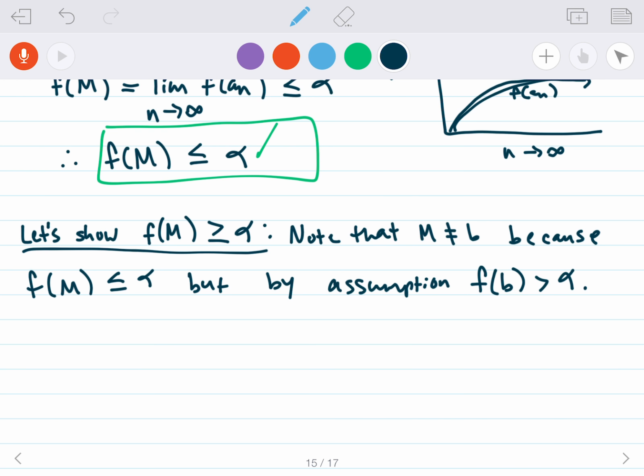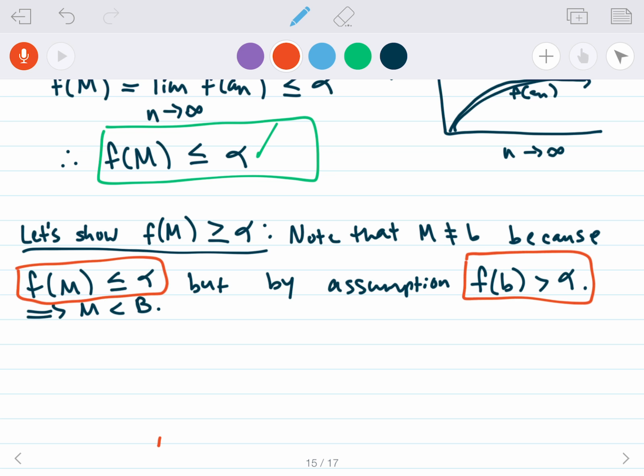So we must have M less than b, right? It can't be greater than b because we have these two inequalities and there would be a contradiction. Okay, so M must be less than b. All right, so it's not equal to b. So now we can consider a sequence. So consider the sequence s(n) defined by M plus 1 over n.